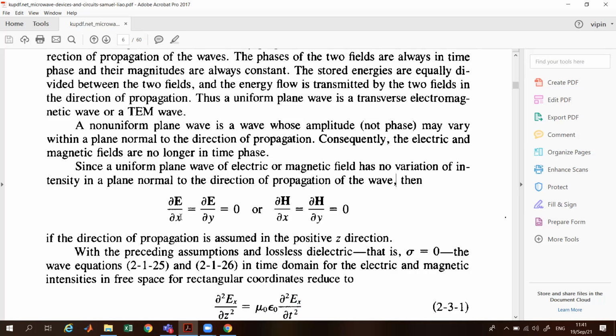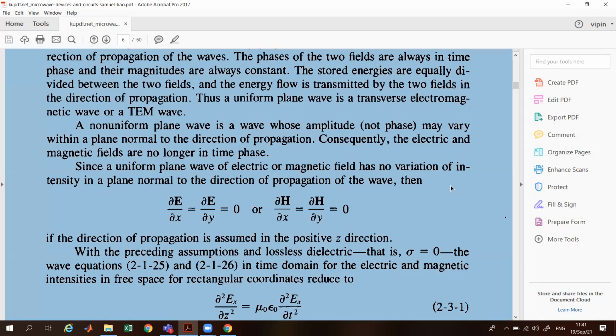So if we take the differentiation of the E vector with respect to the X and Y directions, they will be equal to 0. In a similar way, this variation is also 0, since a uniform plane wave has no variation of intensity in a plane normal to the direction of propagation of the wave.